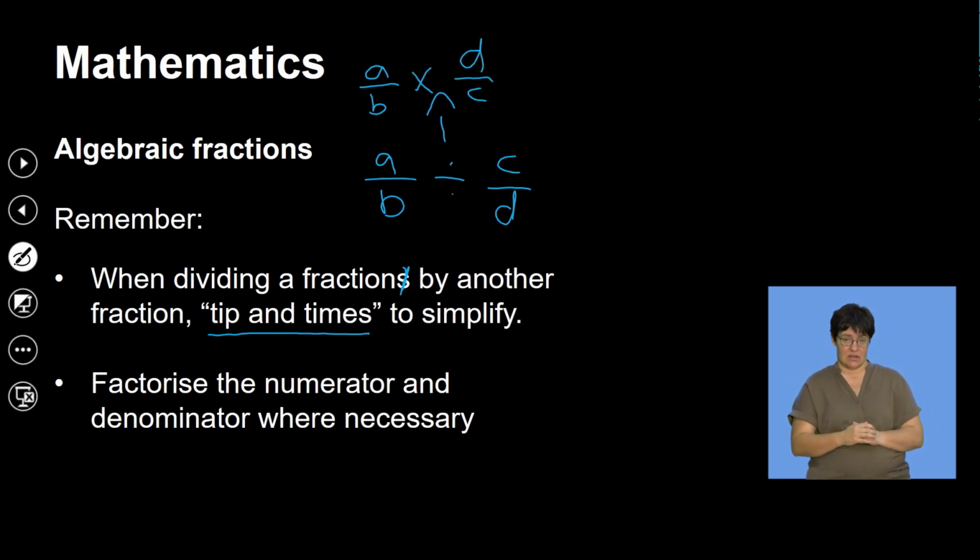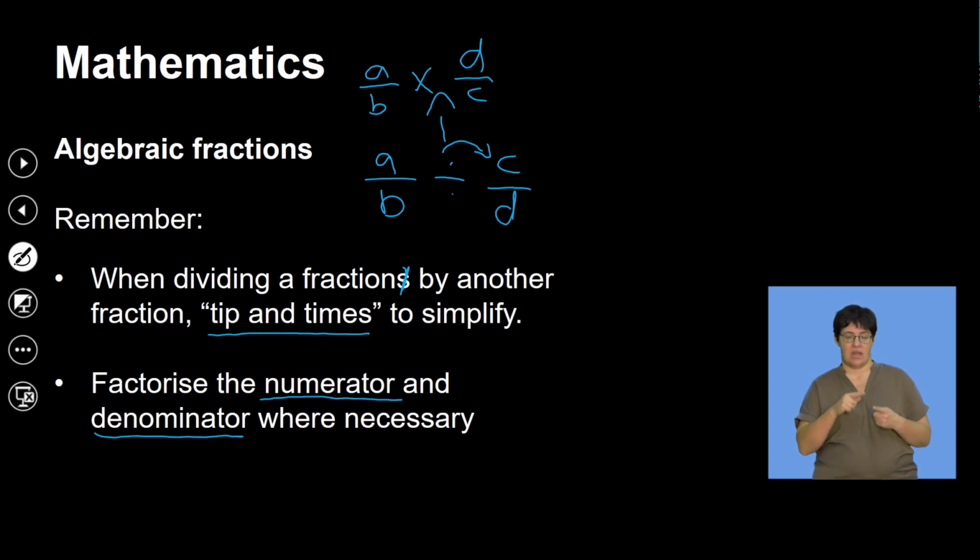So what's on the right-hand side of the division sign will then be tipped. Whatever was a numerator becomes the denominator. The denominator becomes the numerator. And then you need to factorize the numerator and factorize the denominator wherever it is necessary.